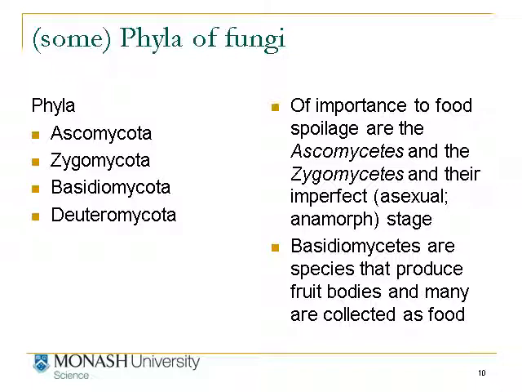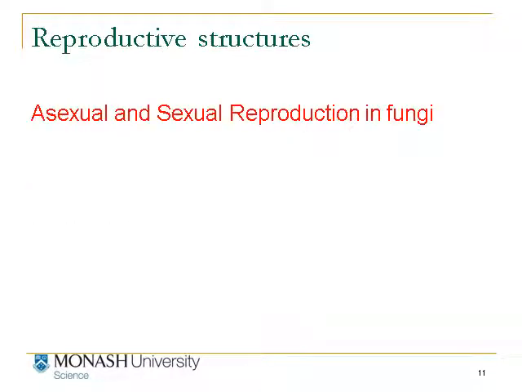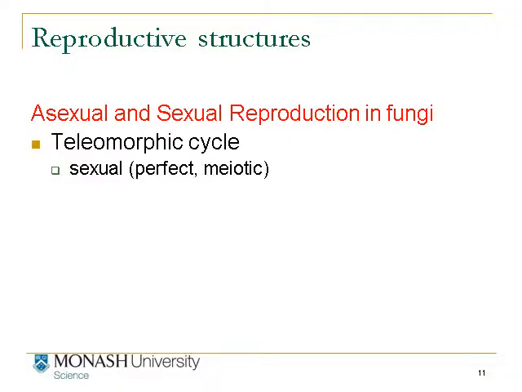That includes their imperfect or asexual or anamorph stages. Basidiomycota, or Basidiomycetes, are actually species that produce fruiting bodies that are generally collected as food. We look at the reproductive structures of fungi that includes asexual and sexual structures.